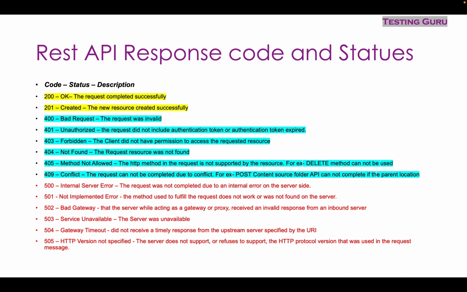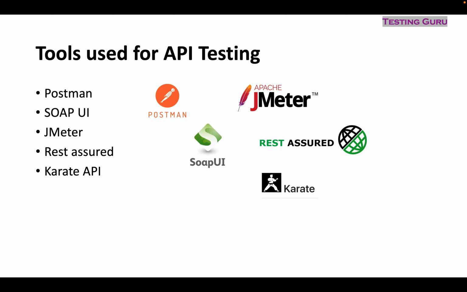In the next sessions we will learn more about the specific tools and techniques, but in this session I will cover what the mostly used tools for API testing are. In API testing, we use Postman for REST services, and SoapUI for SOAP services like SOAP requests, and JMeter is also used as part of API testing.